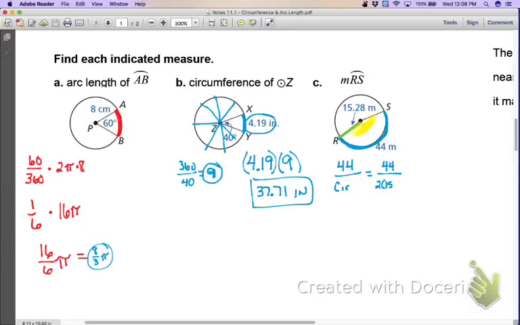Two times 15.28 times pi. So 15.28 times pi, or times 2, is 44 over 30.56 pi.